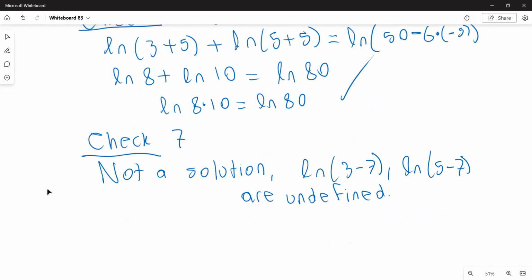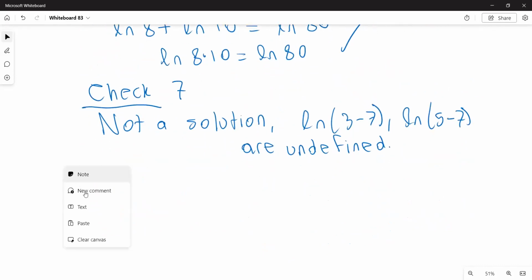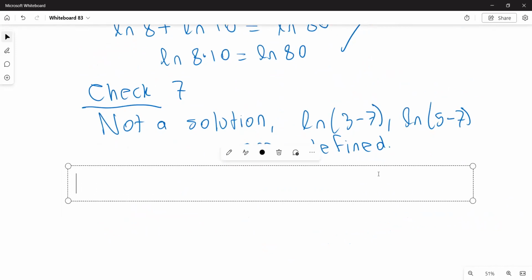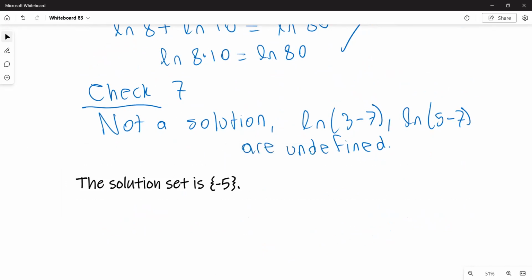So sometimes only one is a solution and sometimes both are solutions. Or there might be cases when there is no solution. I was looking for one of those, I couldn't find it.